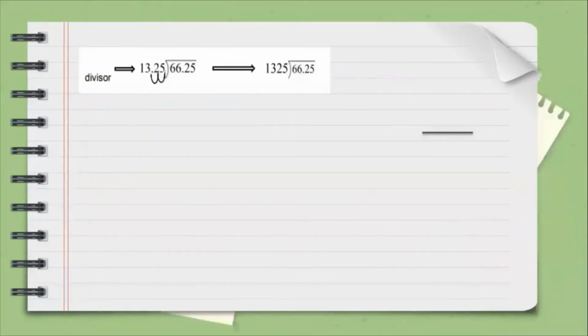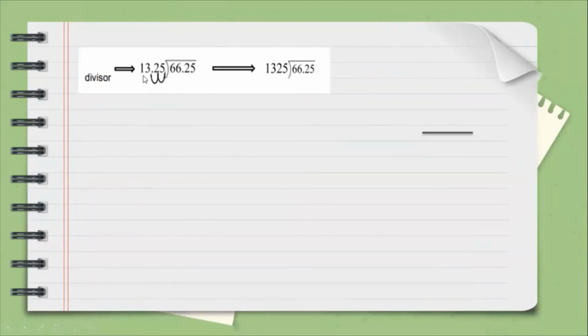Okay, so this time, the same thing. We need to change our divisor into a whole number by moving our decimal point to the right. So for this one, let us move this to the right. 1, 2, and it's now a whole number, 1,325.